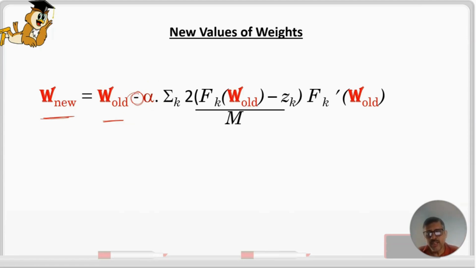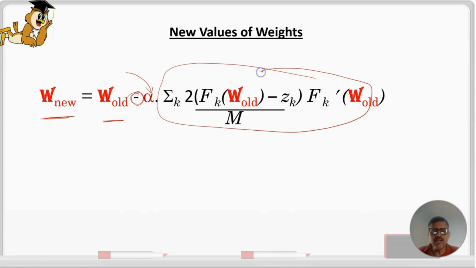So we want to move in the direction of the negative gradient. Alpha is the step size that I talked about earlier, a small positive number, multiplied by this gradient, computed at the particular value where you are, computed at W old.